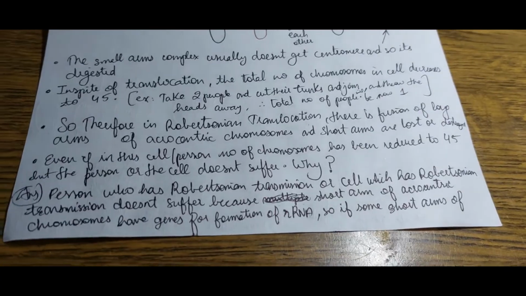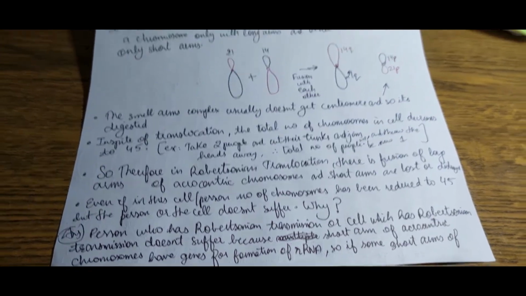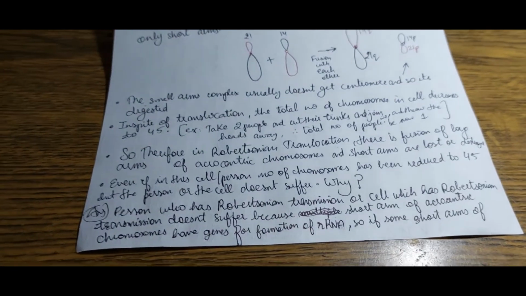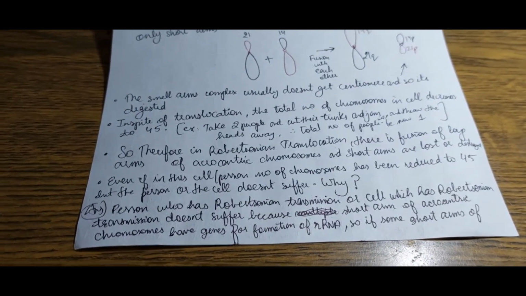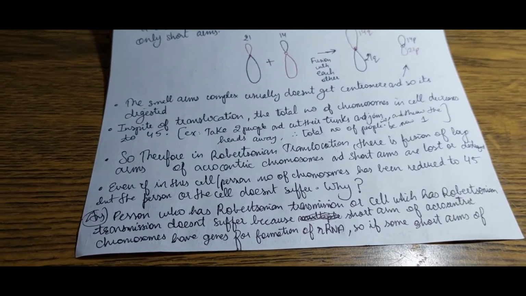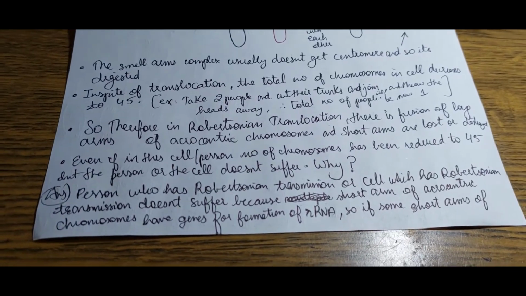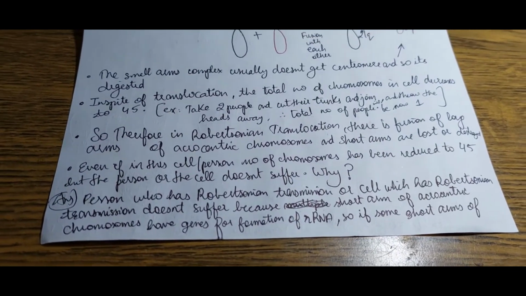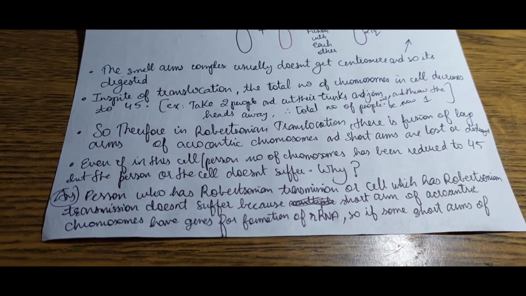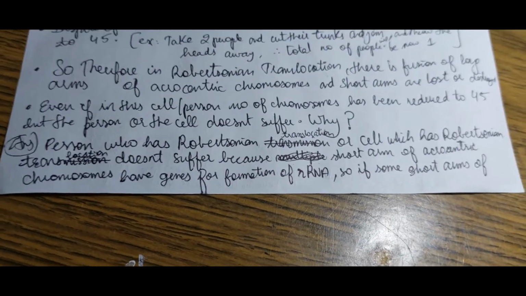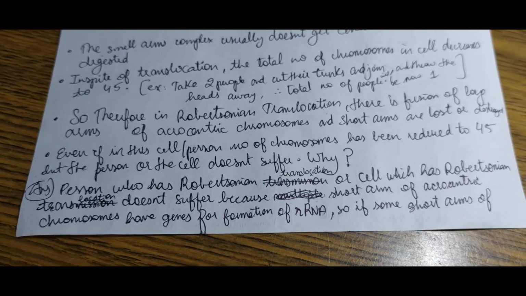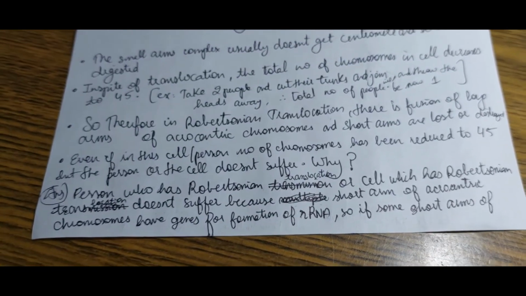Now the question is, even if in this particular cell or in this particular person the number of chromosomes has been reduced to 45, the person or the cell doesn't suffer from any problems. Why is that so? This is because we know only the short arms of the acrocentric chromosomes will be lost, right? And the short arms of acrocentric chromosomes have genes for the formation of ribosomal RNA.